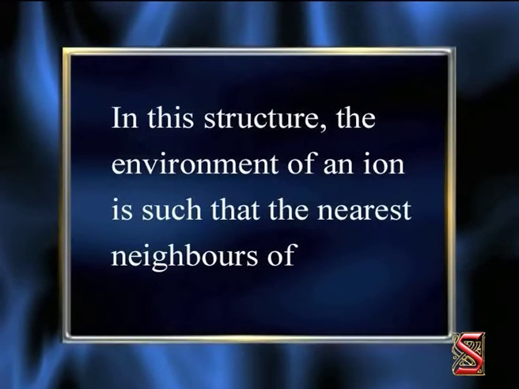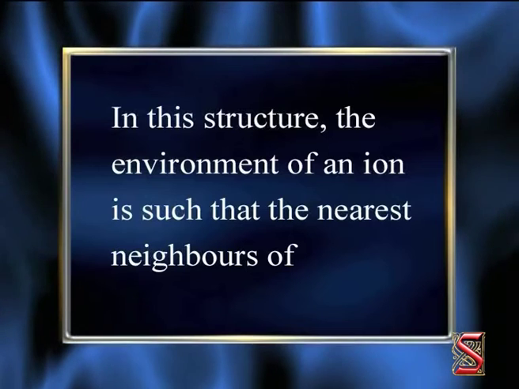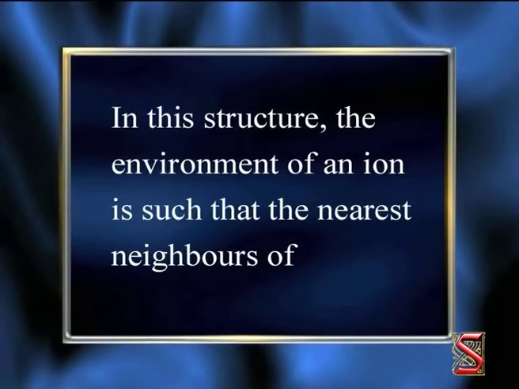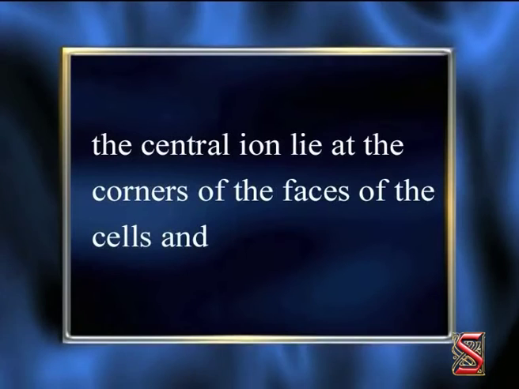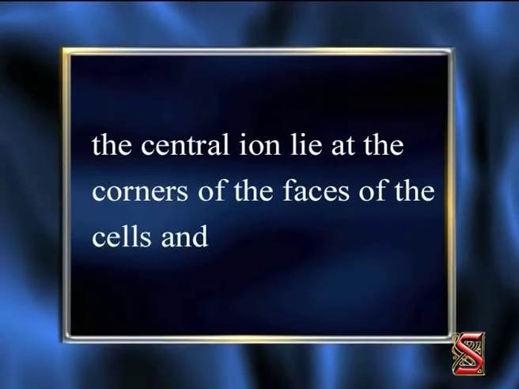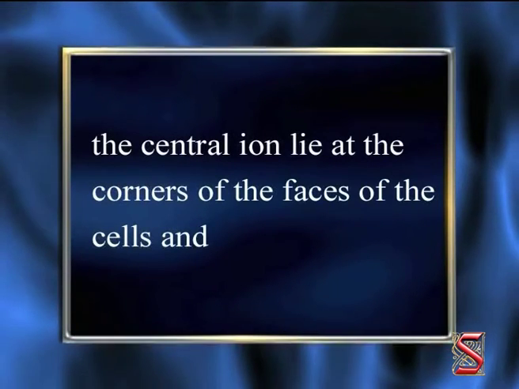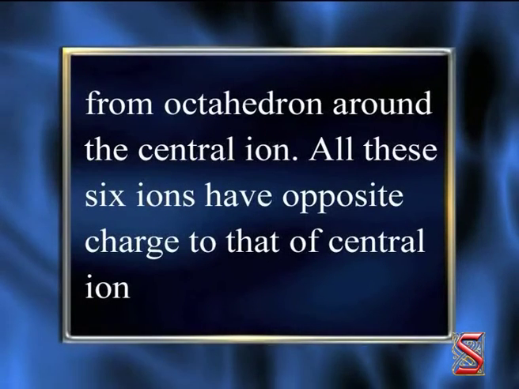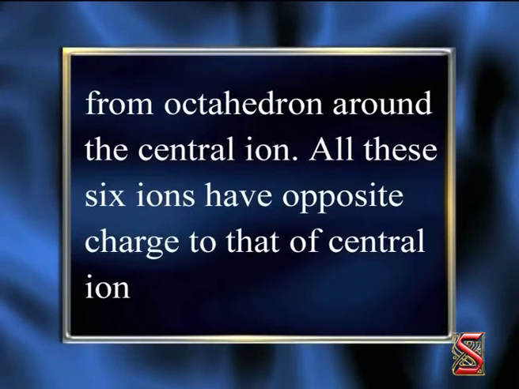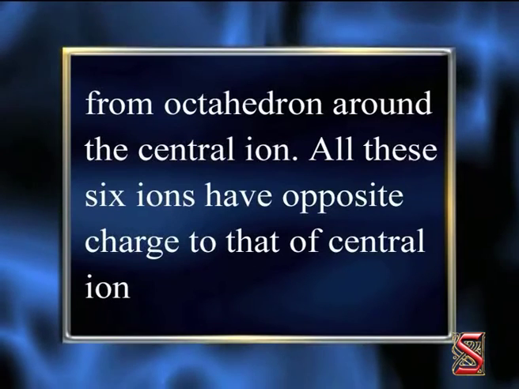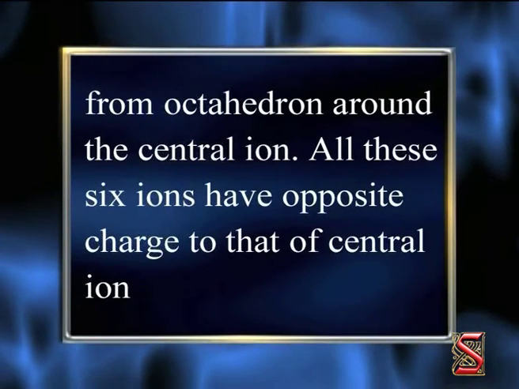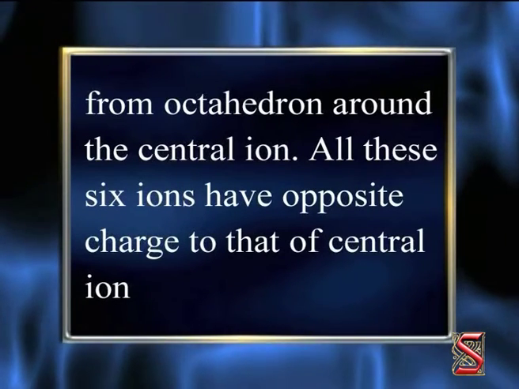In this structure, the environment of an ion is such that the nearest neighbors of the central ion lie at the corners of the faces of the cells and form an octahedron around the central ion. All these 6 ions have opposite charge to that of the central ion.